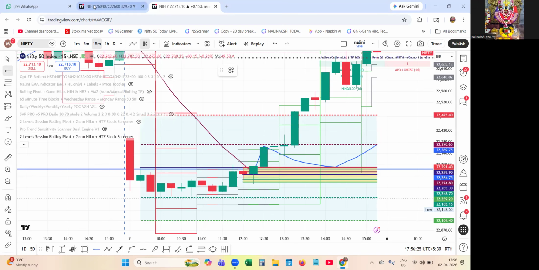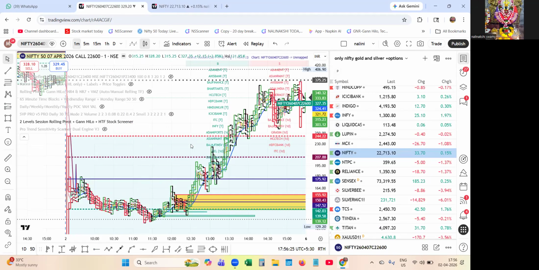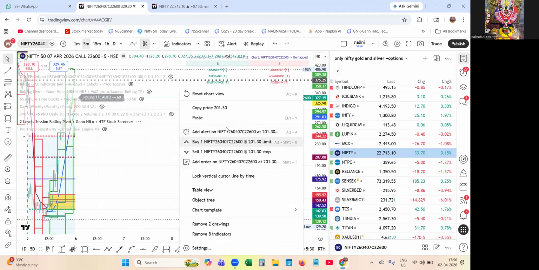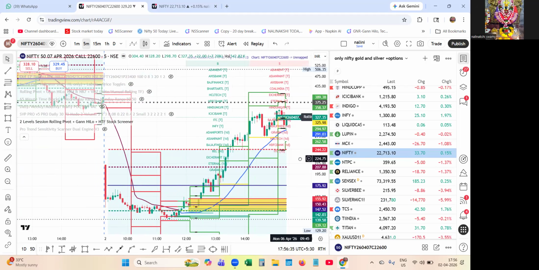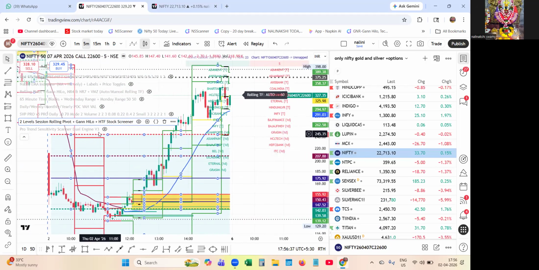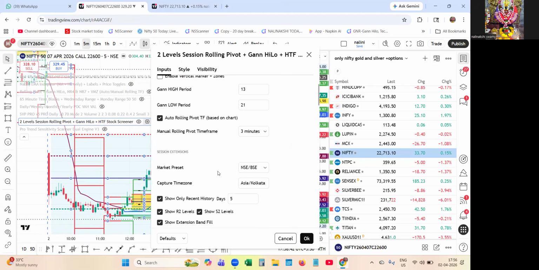If I come to the call option, let me go to the 5 minutes. Let me change it to 5 minutes. This indicator gives even the stocks also. Let me disable the stock table.